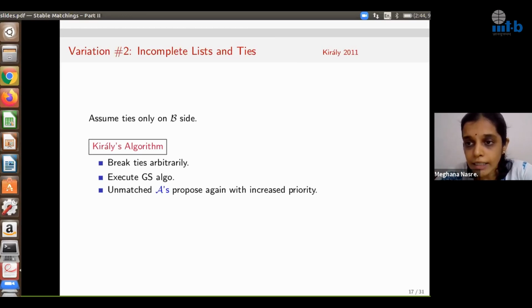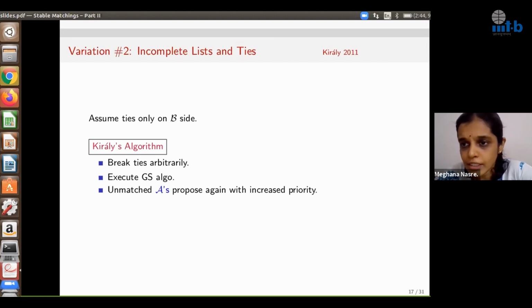And now unmatched A's propose with increased priority. So we think of them as starred men or starred agents, and when an unmatched man proposes to a woman, the woman looks at her matched partner. If the matched partner is without increased priority but in a tie with the current proposing person, then she rejects the current partner and accepts the proposal.